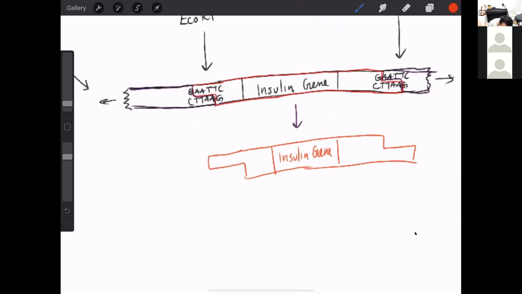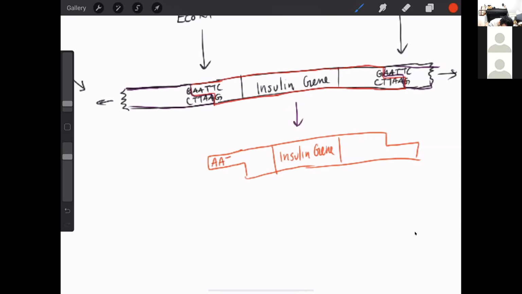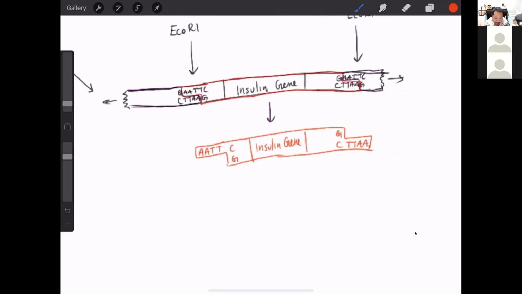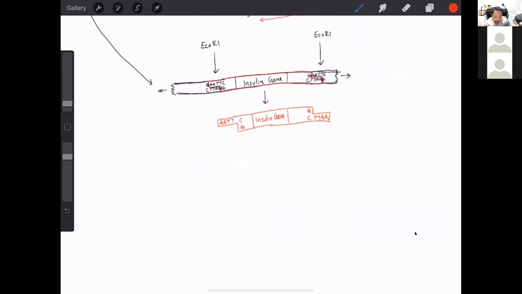And over on this side, I have A, T, T, C, and G. And over on this side, I have G, C, T, T, A, right? So that's what I have. As you can tell, it's going to have those little ends that stick out. Does this make sense to you guys so far? Okay, good. Now, again, I can't guarantee that that GAATTC is going to be there, but most likely these are going to be sequences that are fairly common, all right?